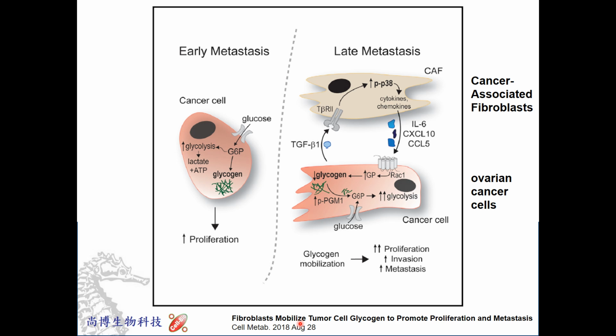In this research, they found the different metabolism of early metastasis and late metastasis. Let's say a cell travels in the blood vessel or lymphoid vessel and just keeps proliferating, but maybe they haven't reached the goal or the target size, so they are not yet prepared to do the real metastasis.